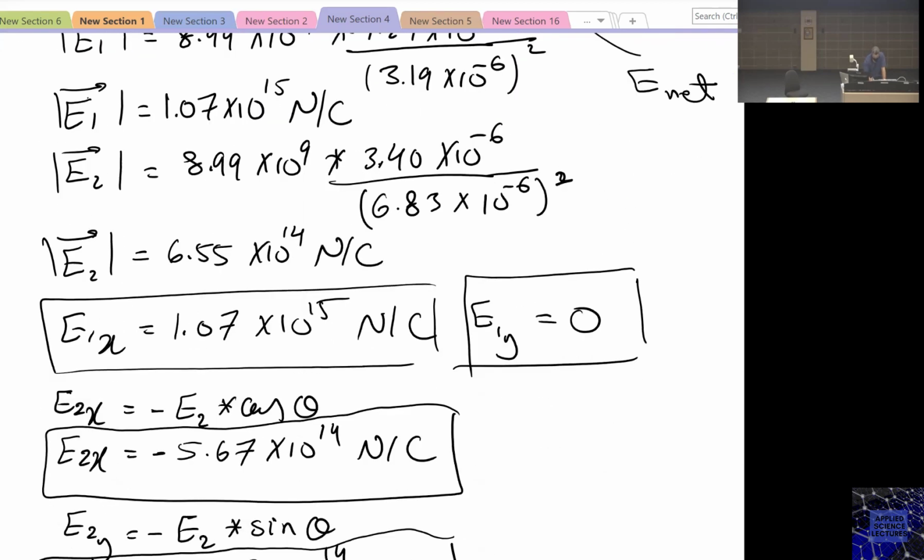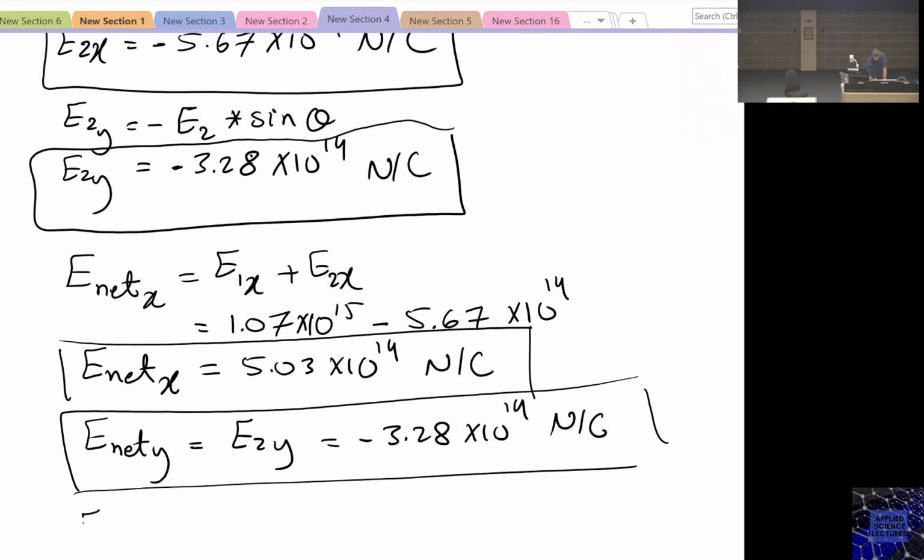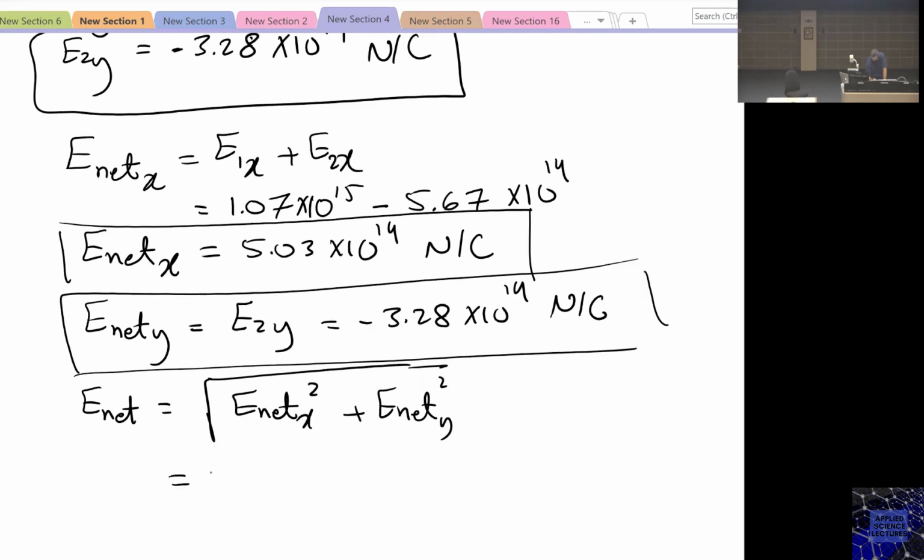Then if I want to find the E net, it is the square root of E net x squared plus E net y squared. And then this one is 5.99 10 to the power 14 newtons per coulomb.